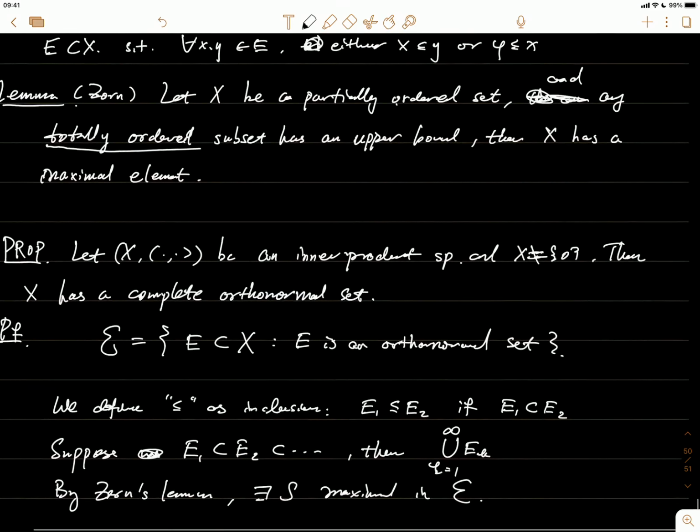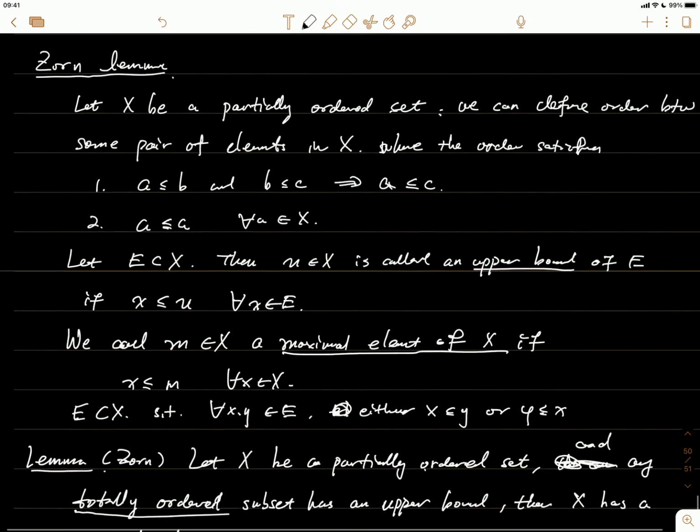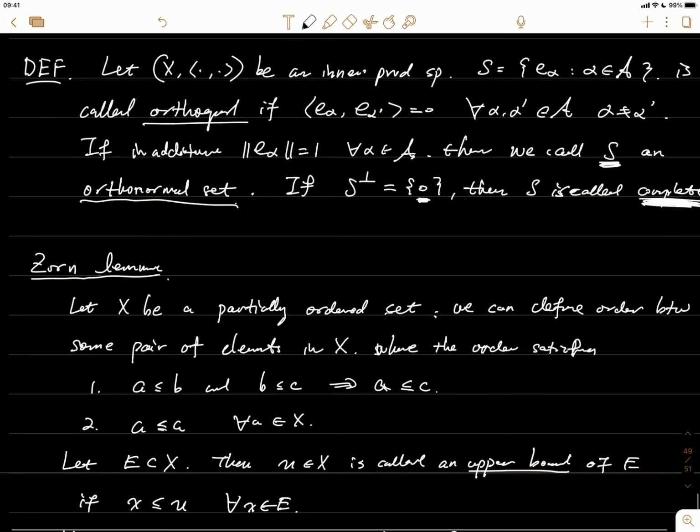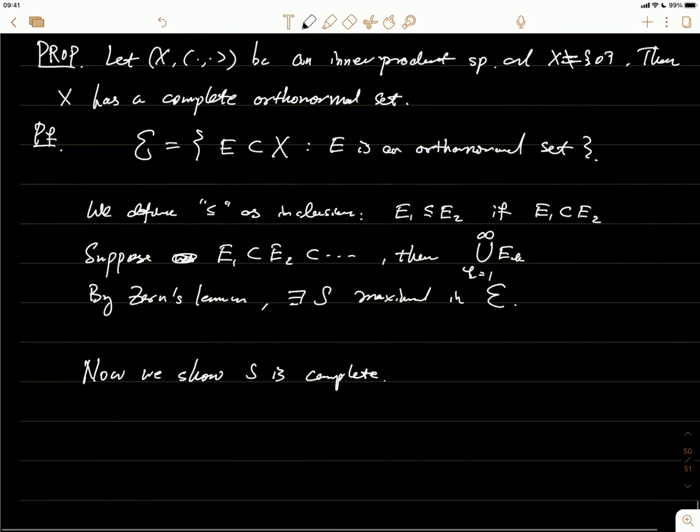Recall that by definition of completeness, we need S perp to be equal to 0. We just need to show that the perp of S is equal to 0. If we want to show that S is not complete, proving by contradiction, then we know that S perp is not equal to 0.